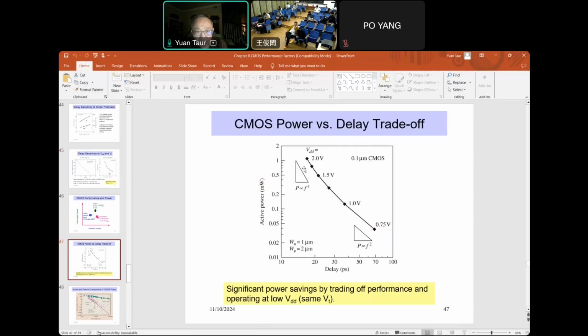In fact, the slope is very steep. If you want high performance, the power goes as frequency to the fourth power.